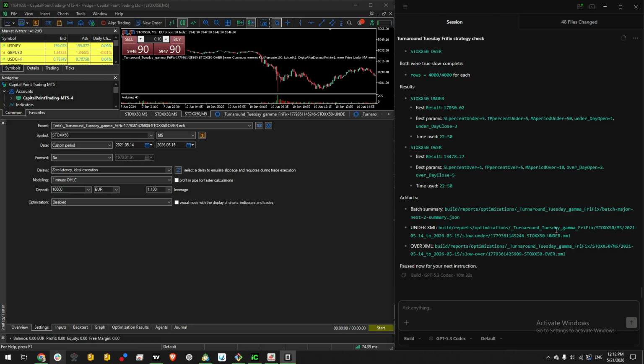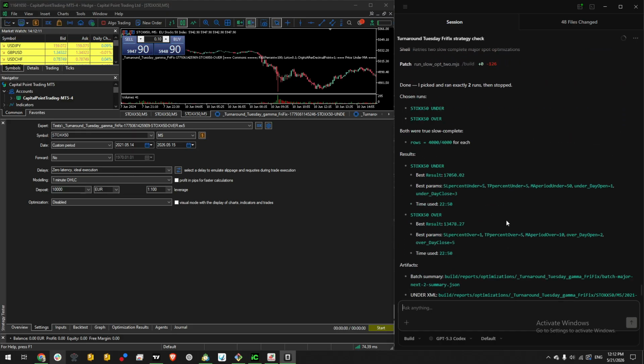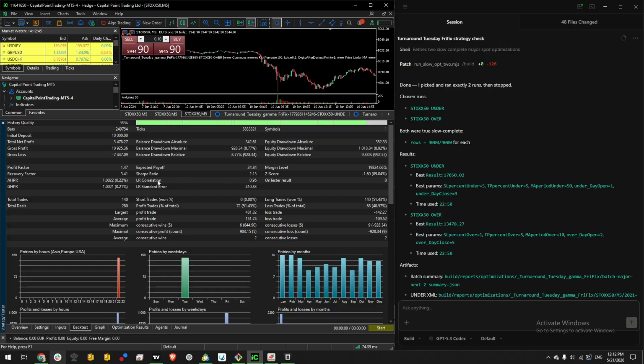Because now when we finish those 36 runs, I can say, that's very good. There are some very promising results on some of those optimizations, but there is a threat of over-optimizing if we pick directly from those optimizations without validating with out of sample period tests. Do that for me as well, and then classify the results by linear regression correlation, by Sharpe ratio, by equity drawdown relative, etc. I've already done that, by the way, with another strategy.